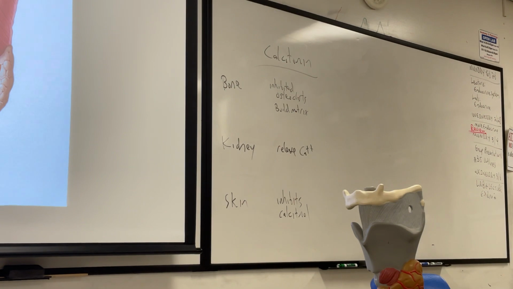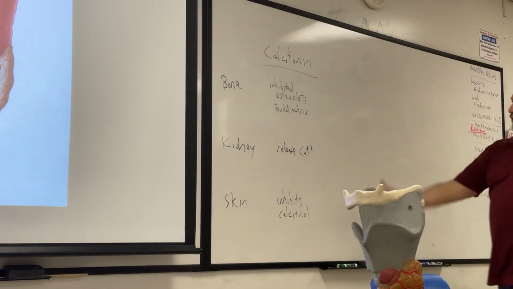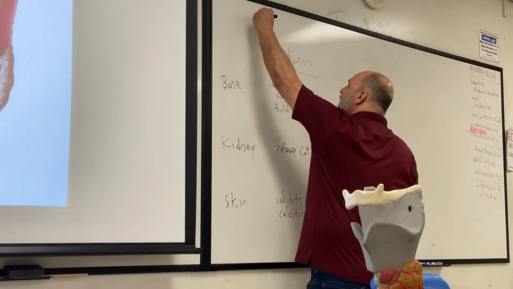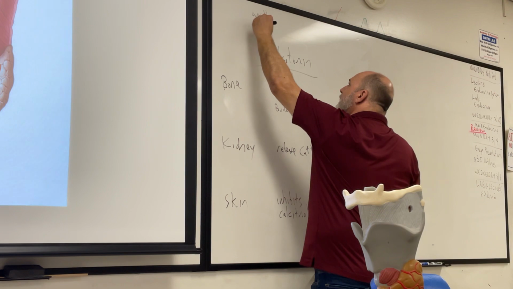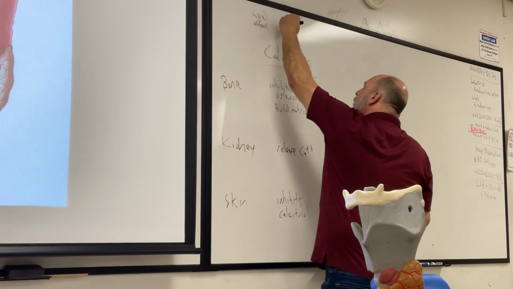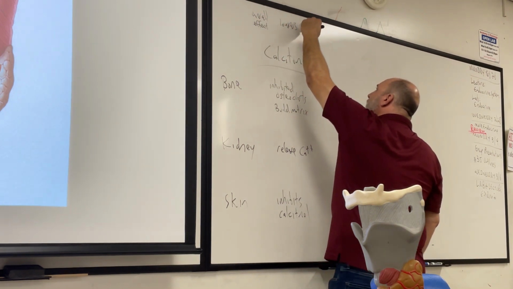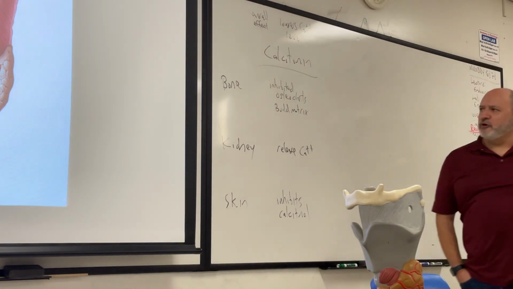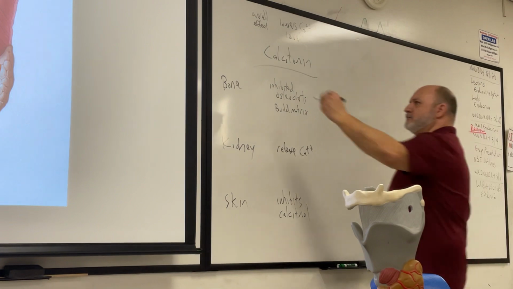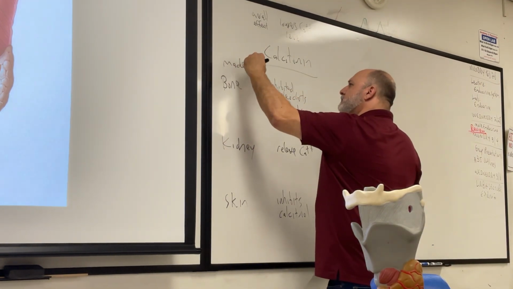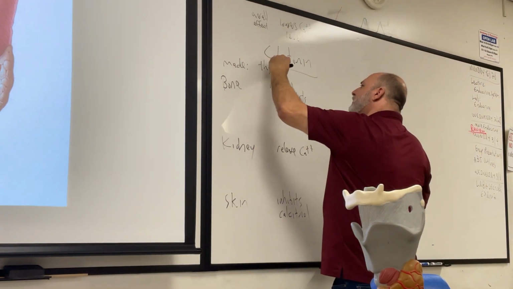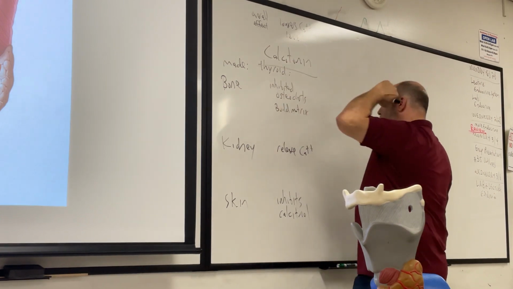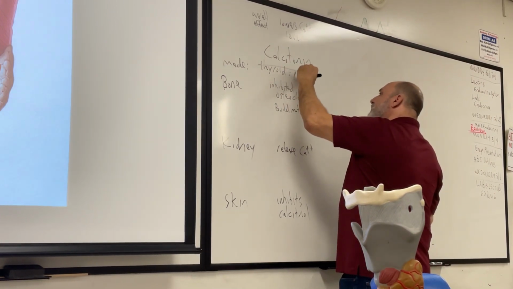If we did absorb calcium from our digestive system, where would it go? Into the blood. So notice all three of these affect, the overall effect is that it lowers calcium levels. And where is this calcitonin made? Thyroid. And which cells? Parafollicular.